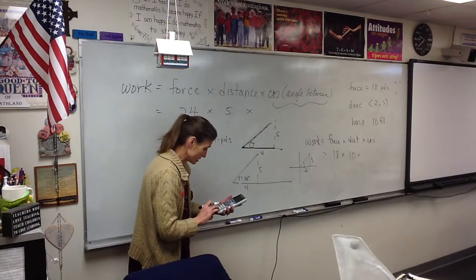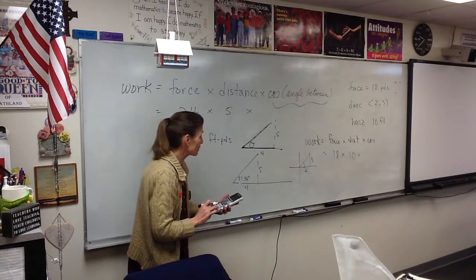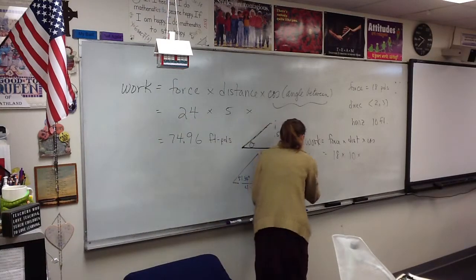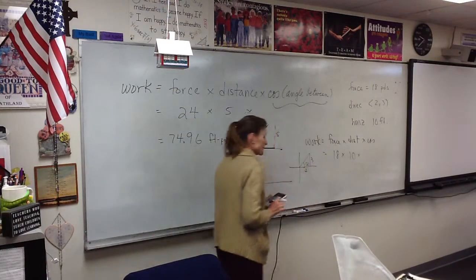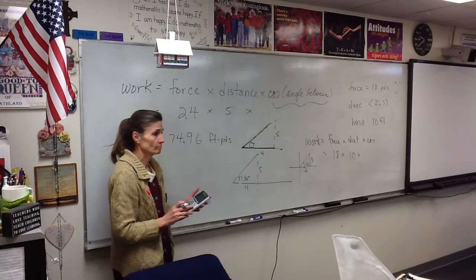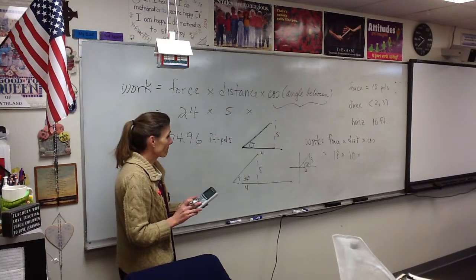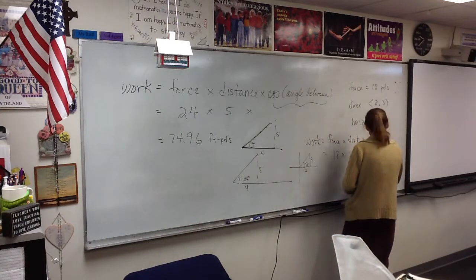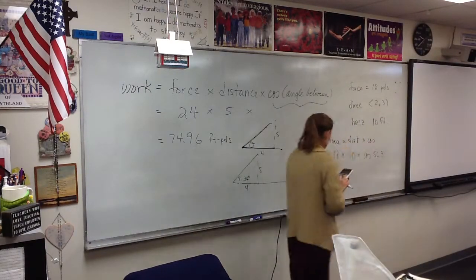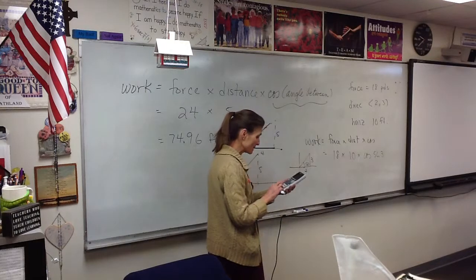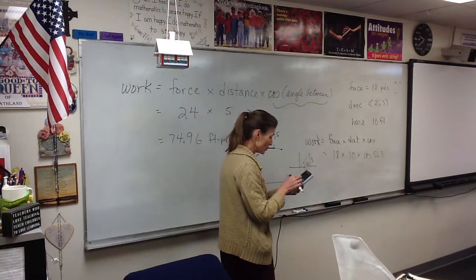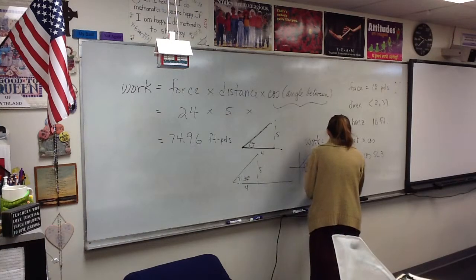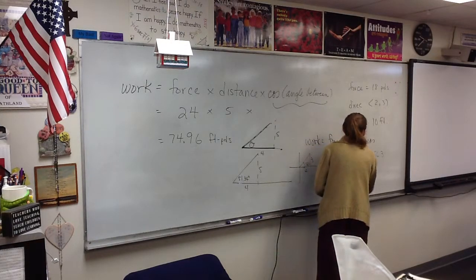Inverse tangent of 3/2. I got 56.3. So that would be the cosine of 56.3. So I'll take 18 times 10 times the cosine of my answer, and I get 99.85 foot-pounds.